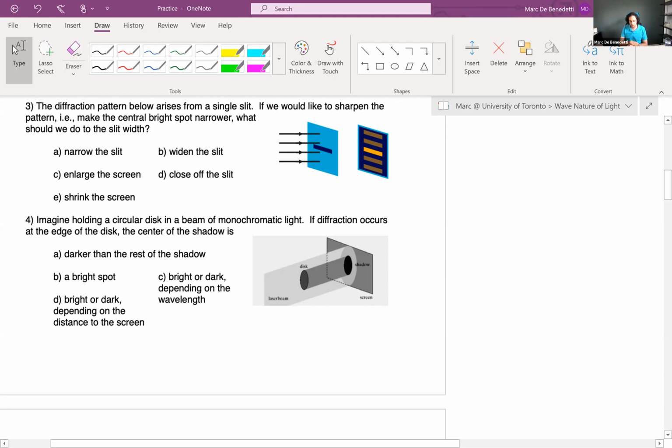If diffraction occurs at the edge of the disc, the center of the shadow will be bright, dark, a bright spot, bright or dark depending on the wavelength of light that's used, or bright or dark depending on the distance to the screen. So cast your votes. You can type them into the chat.